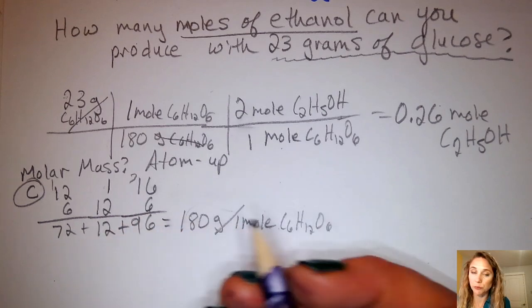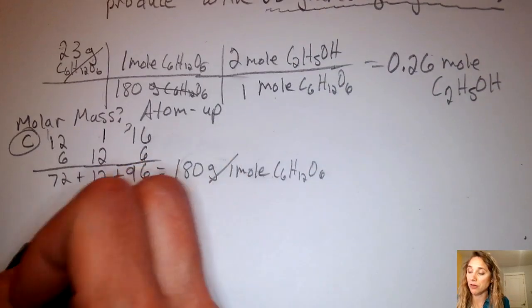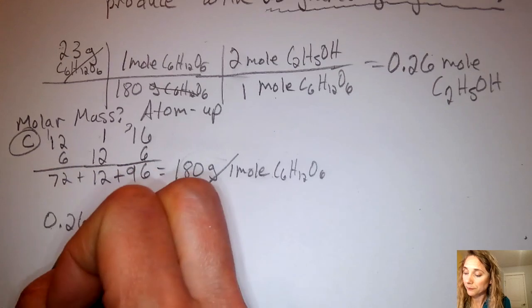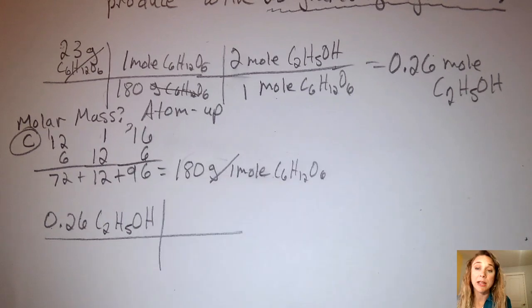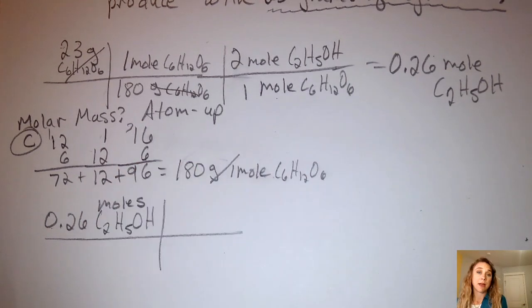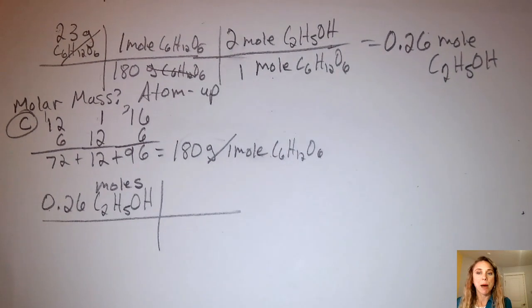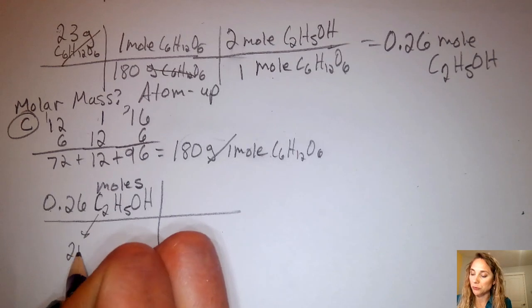So what we can do is one of 2 things. We can just transfer the 0.26 moles of ethanol straight over. And then I'll show you one way we can do it to link it all together if we were doing it all together. Okay, sorry. So that's moles of ethanol. Molar mass, remember, we have to add them up. So remember, the carbons are 12 each, and there's 2, so that's 24.